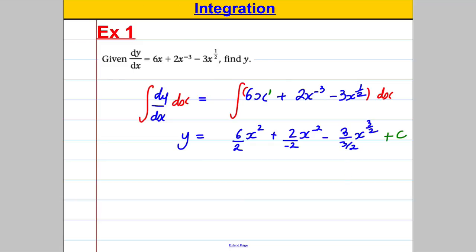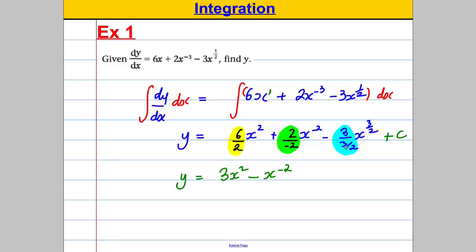Now we should always simplify our coefficients, so I'm going to work out 6 divided by 2, 2 divided by negative 2, and 3 divided by 3 over 2. So y is therefore equal to 6 divided by 2 is 3x squared. 2 divided by negative 2 is negative 1. So this plus negative 1 is just going to be negative x to the negative 2.